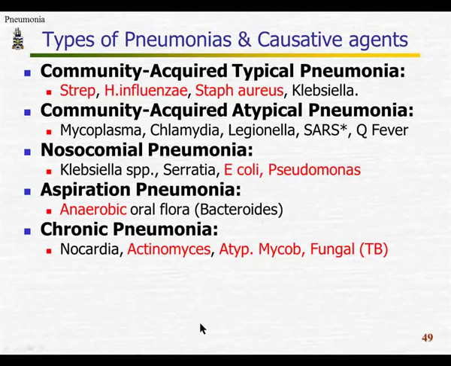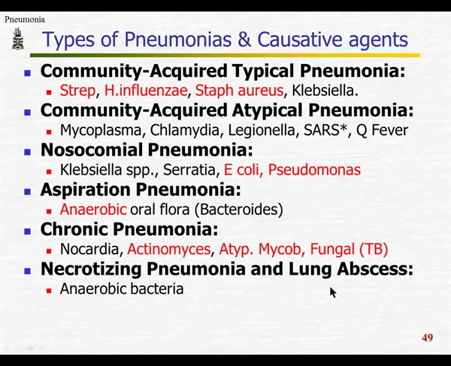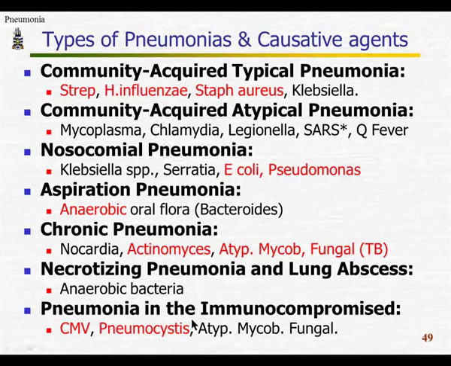Chronic pneumonias, actinomyces, fungus, tuberculosis. Necrotizing pneumonia and lung abscess in anaerobic, usually in aspirations. So, aspiration pneumonia. Pneumonia in the immunocompromised, that is CMV, pneumocystis, atypical mycobacteria and fungal.